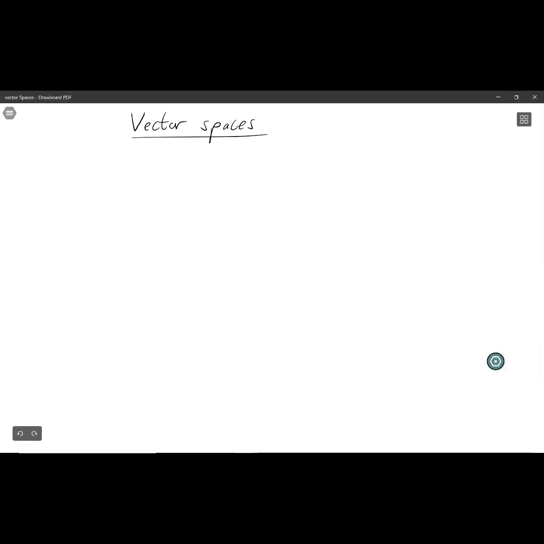So the way we think about vector spaces is that a vector space, V, is a set of objects or vectors. These are our objects.